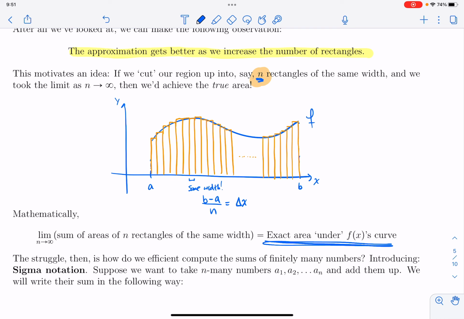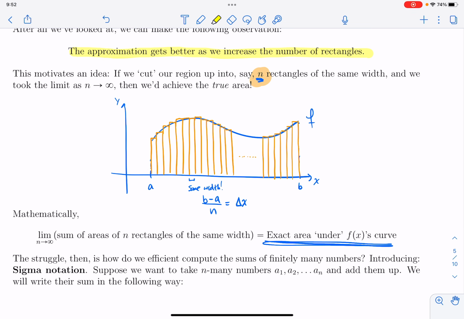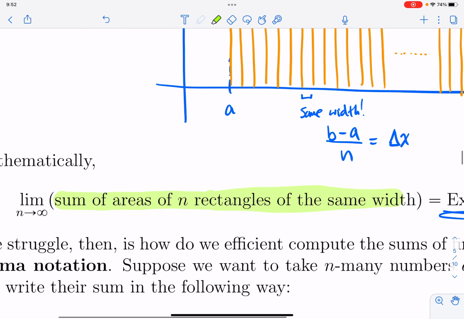But we run into a little bit of a problem. We know how to take a limit. That's fine. However, when you want to ask this question, find the sum of the areas of n rectangles, this question is hard.